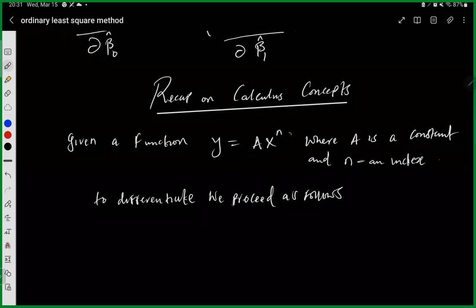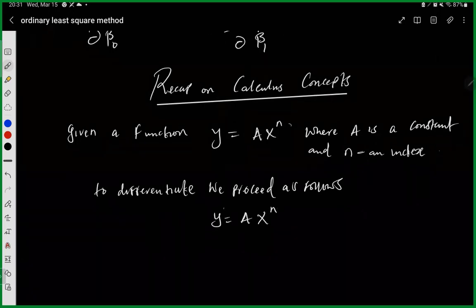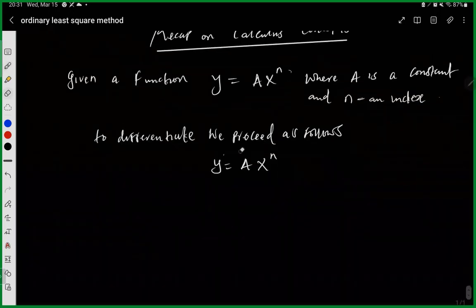Let me write the whole thing properly: y is equal to a x^n.